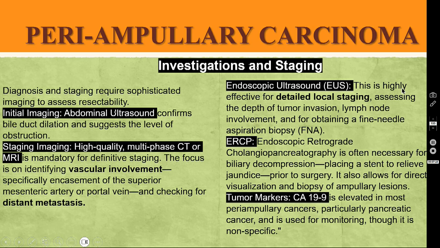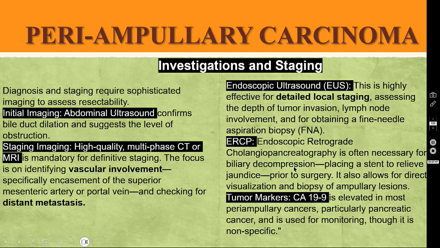Endoscopic ultrasound is used to find out the local staging status; the level of invasion of the wall of the bowel can be determined best by endoscopic ultrasound. We can also do biopsy, and lymph node involvement you can see and do FNA biopsy also.